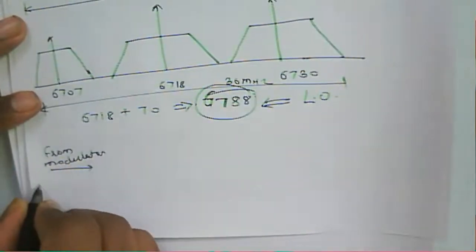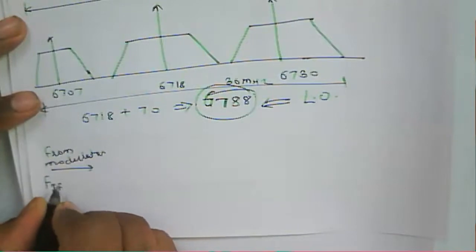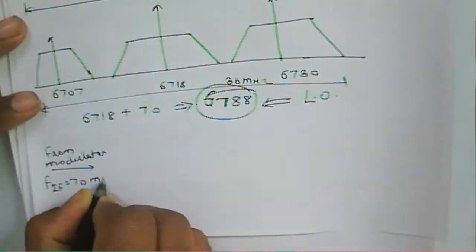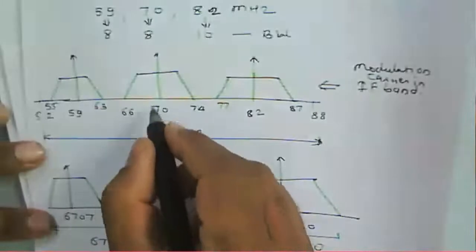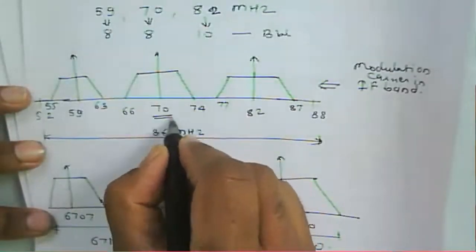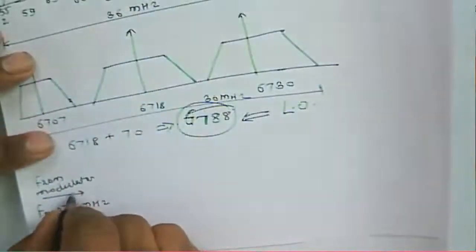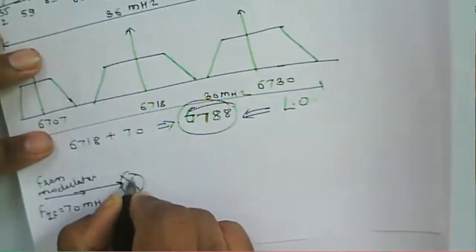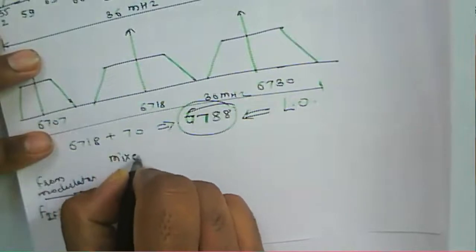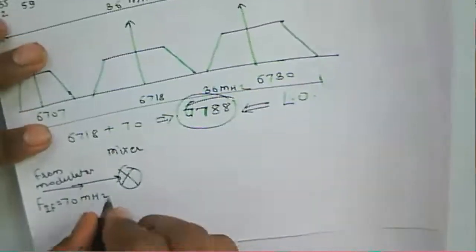That input from the modulator is what? F of IF, that will be of 70 megahertz. Okay, it's about a 70 megahertz. And then that input is given to the mixer. This one is about a mixer.